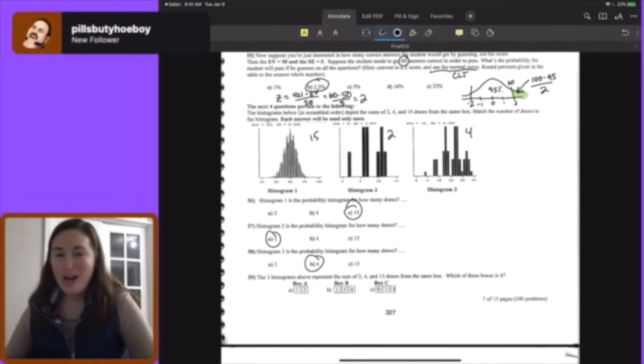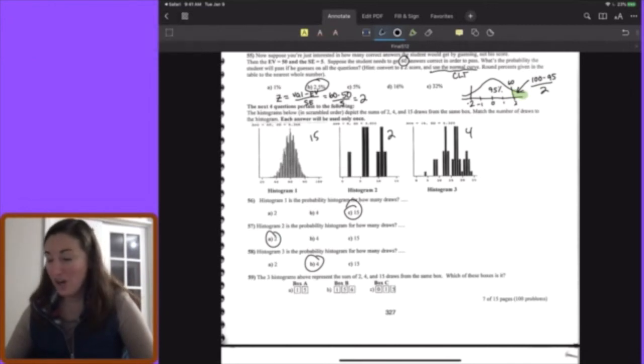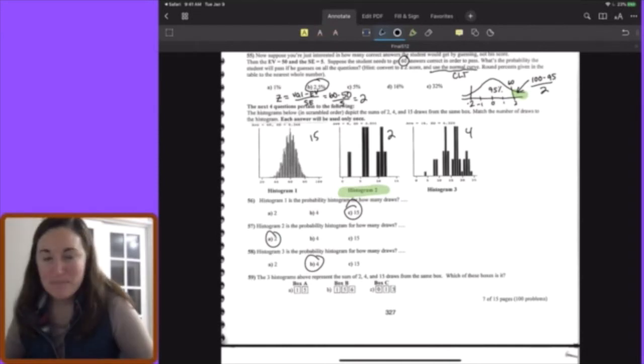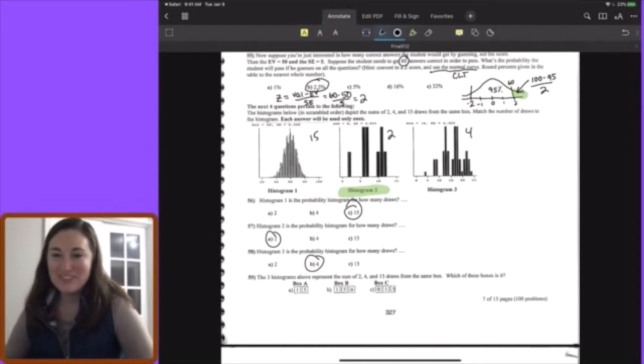So there's a couple different ways to do this. This is kind of a hard question. I'm going to focus on the 2 draws. So 2 draws, my histogram is histogram 2. So that's right here. And if I look, we have data going from just above 0 to just above 10.